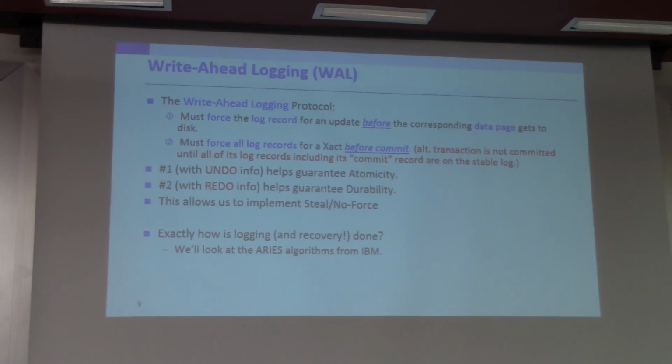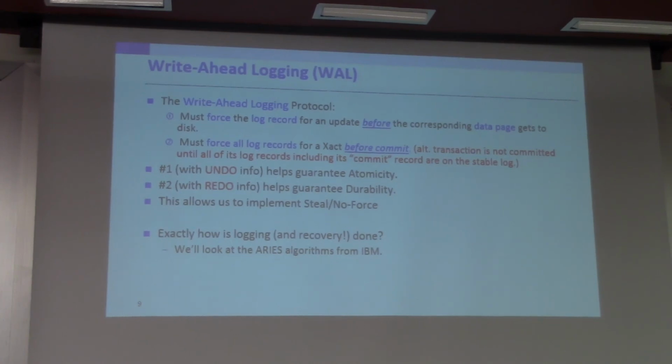But if you allow this to happen, what if the system crashes and loses this forever? Hence, in order to make sure I can redo this, I want to make sure the corresponding log record is already on disk.